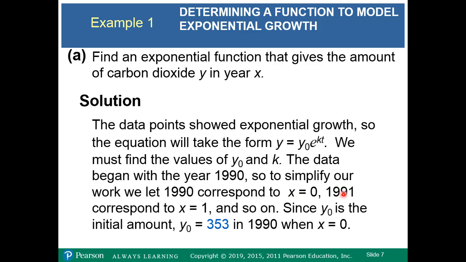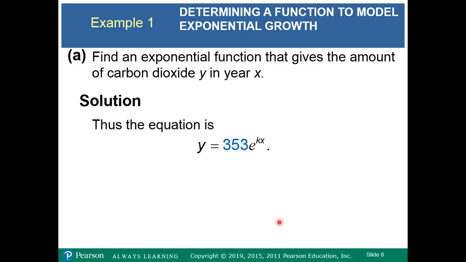So 1991 will correspond to x equals 1 and so on. So since y0 is the initial amount, 353, in 1990, then we can plug in 353 here. And so now we get this. Now we still need to figure out k.